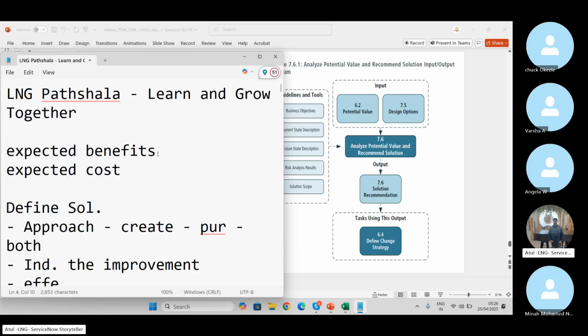Someone says that BAs are an overhead for a project because we don't do much. We are not developers. We're not building anything. We're just going, talking and coming back. Initially this was a perception that business analysts are an overhead for a project.